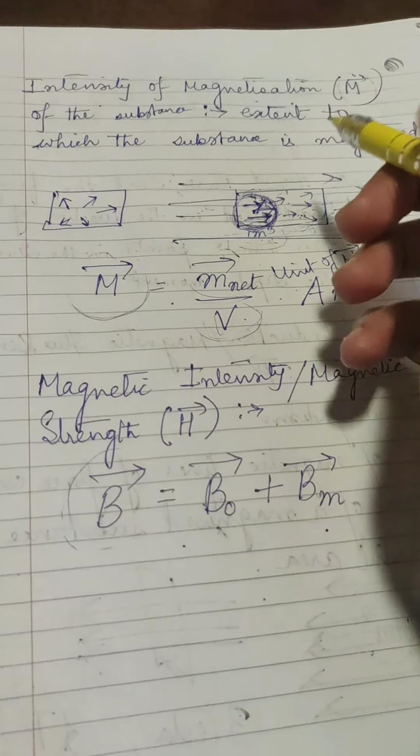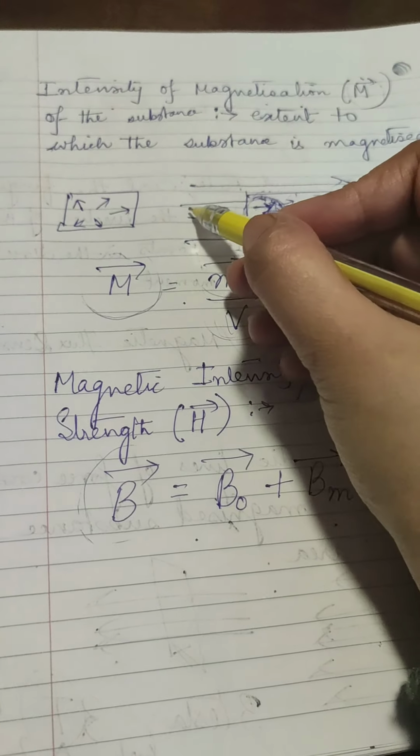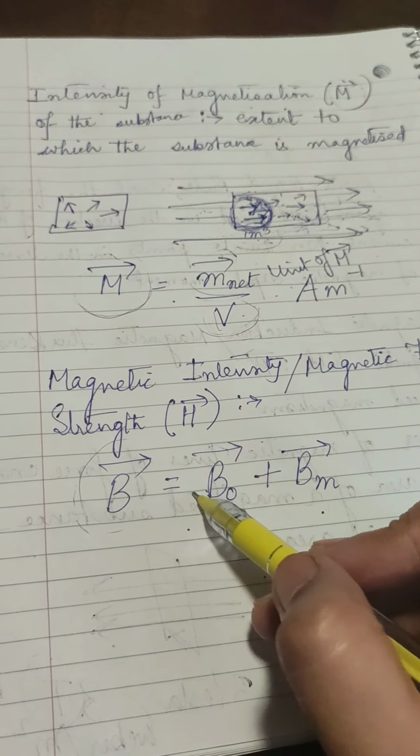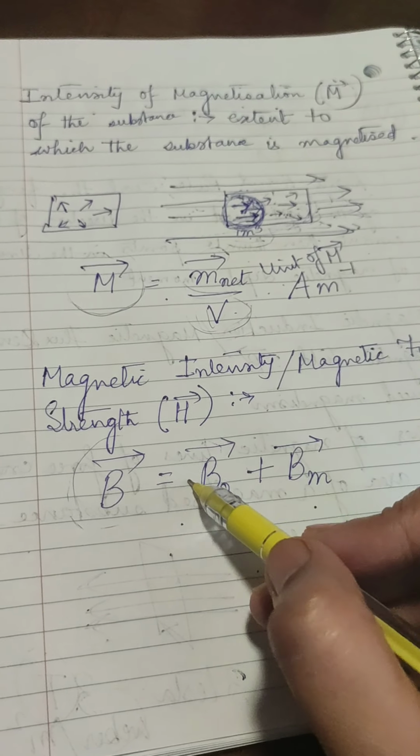Okay, how much the substance is getting magnetized depends on that. The external magnetic field B naught is the external field.